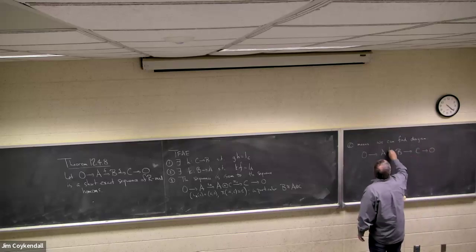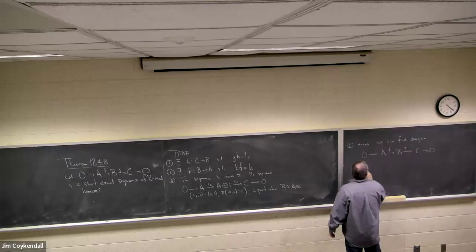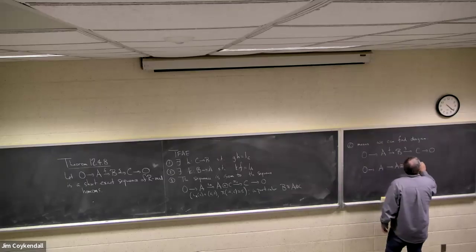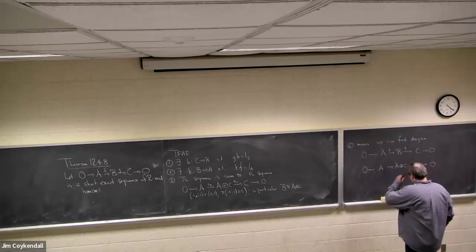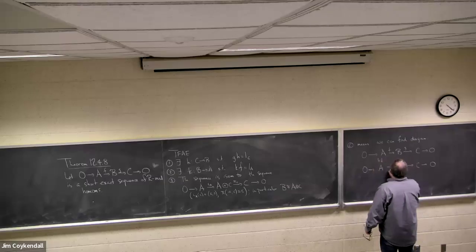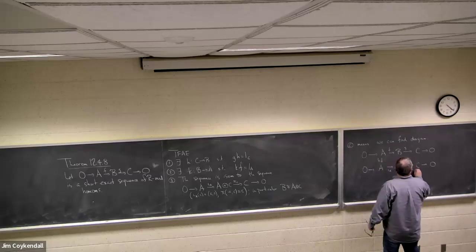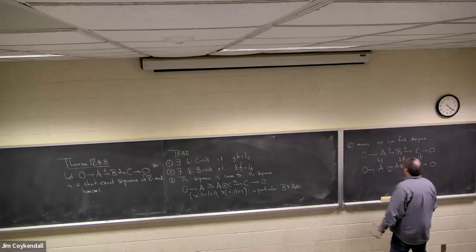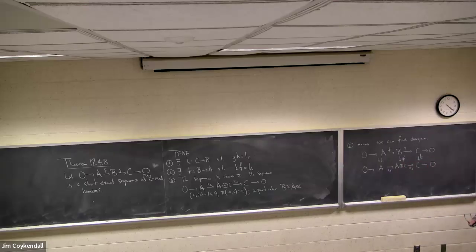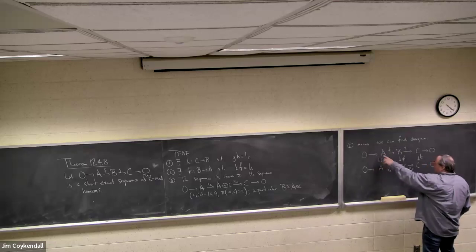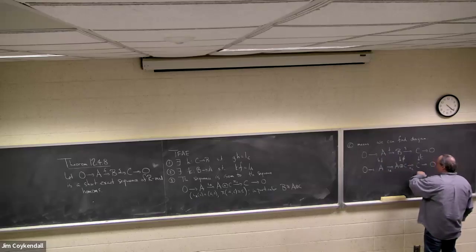Zero, A, direct sum C, C, zero. This is the identity on A, this is the inclusion of A, pi onto C, identity on C, and some magic function here. This is what I mean by there's an isomorphism of sequences. There's a commutative diagram that looks like this, the original sequence and this nice special sequence.